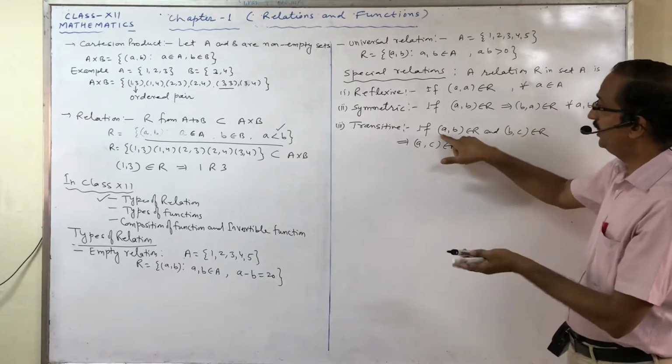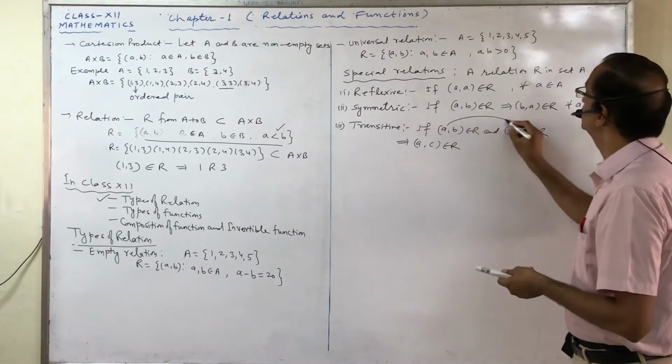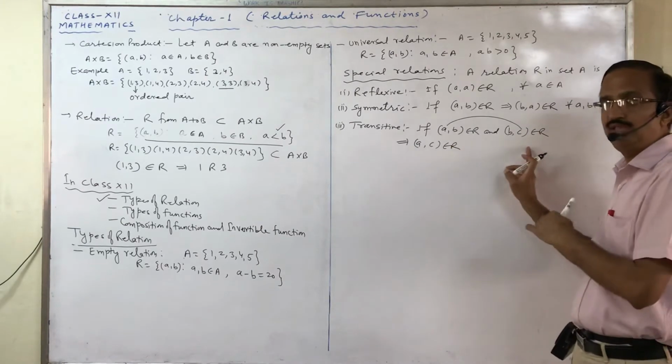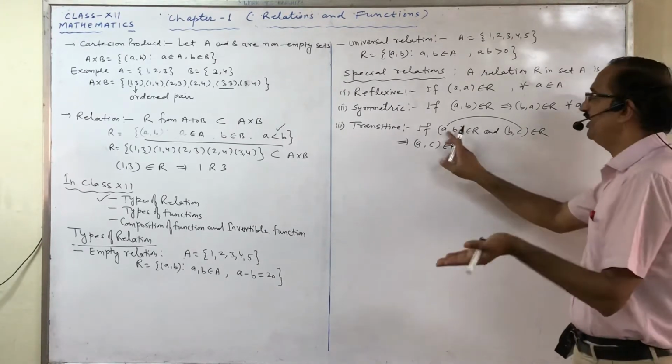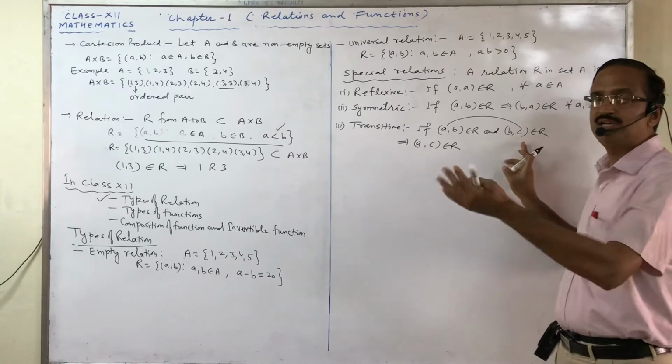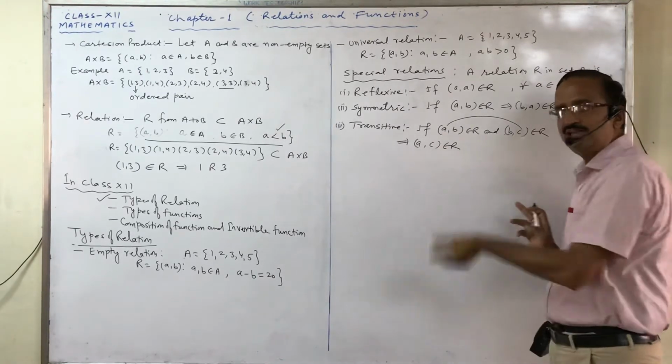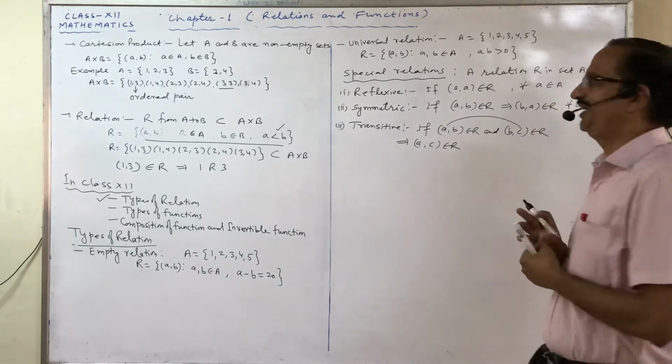So a is also related to c, means the relation spreads from a to b, b to c, so indirectly it spreads from a to c. So this is transition of the relation from this pair to the other pair. That's why this is called a transitive relation.